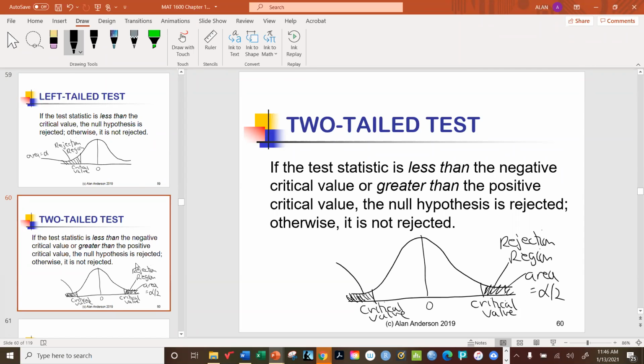And so this is the other half of the rejection region. And the area is alpha over 2. All right, so in general, this is how the decision rule works.